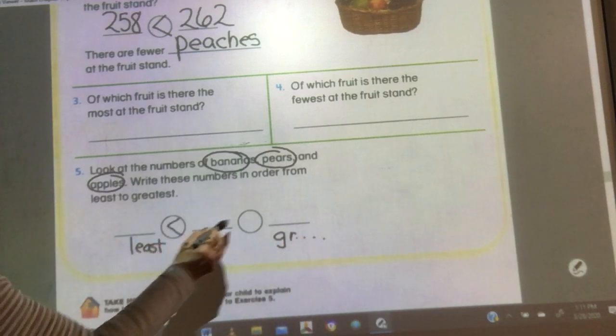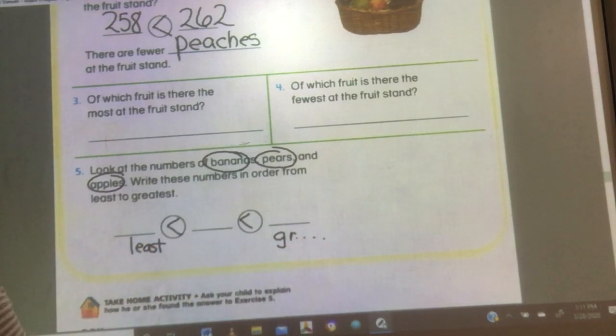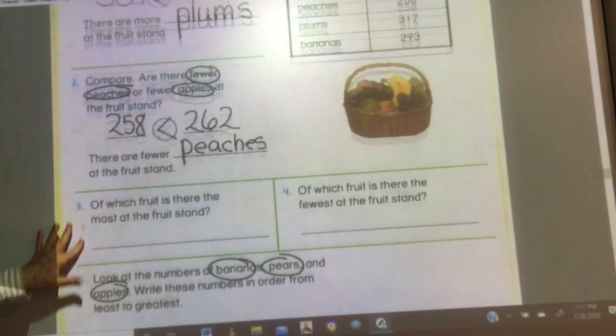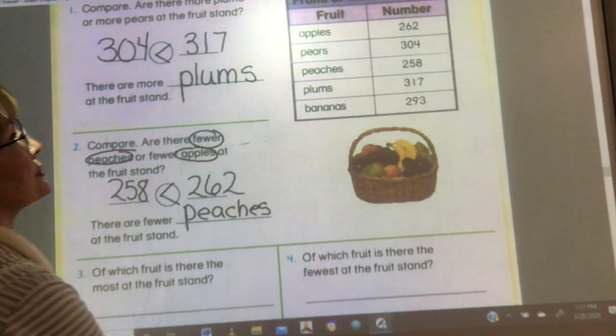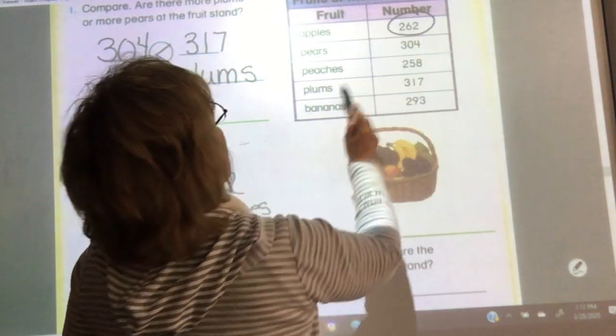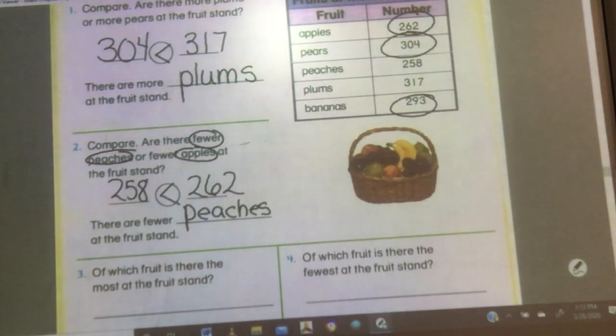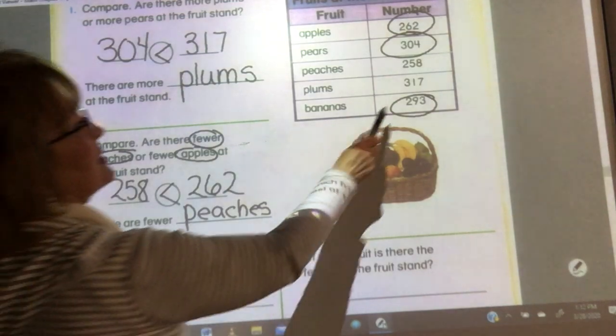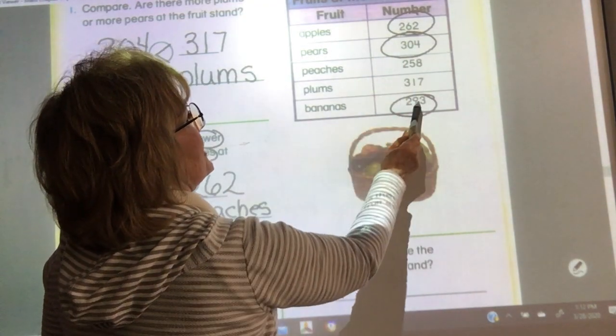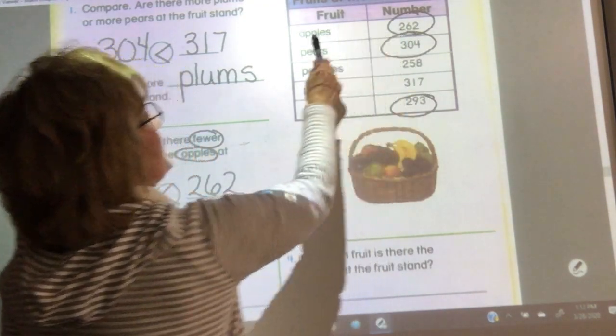So we want our less than sign. So bananas, pears, apples. Let's circle them. Which of those numbers is the smallest? Well, there's 2 less than 3, 6 is less than 9.